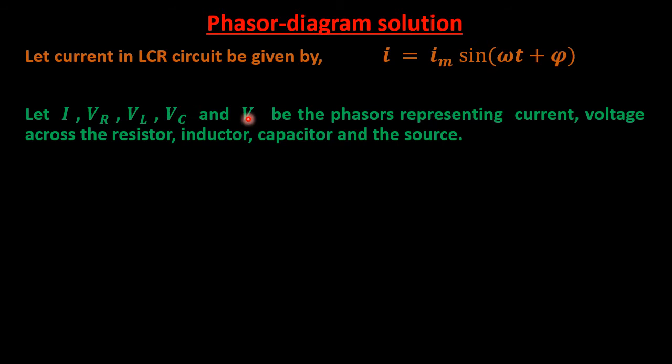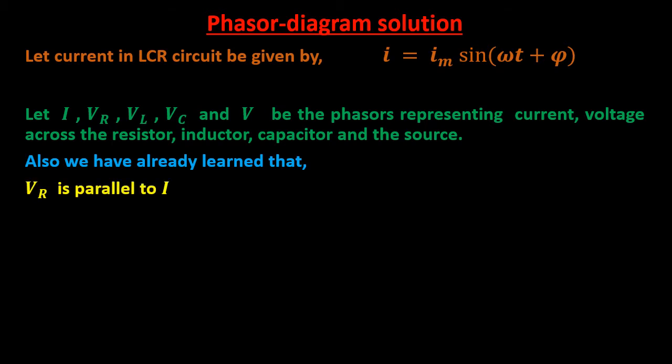So V is the source voltage, VC the voltage across the capacitor, VL the voltage across the inductor and VR the voltage across the resistor. From the previous classes, we have learned that for a purely resistive circuit, the phase angle between the current and the voltage is 0. So in the phasor diagram, we represent the phasors VR and I parallel to each other.